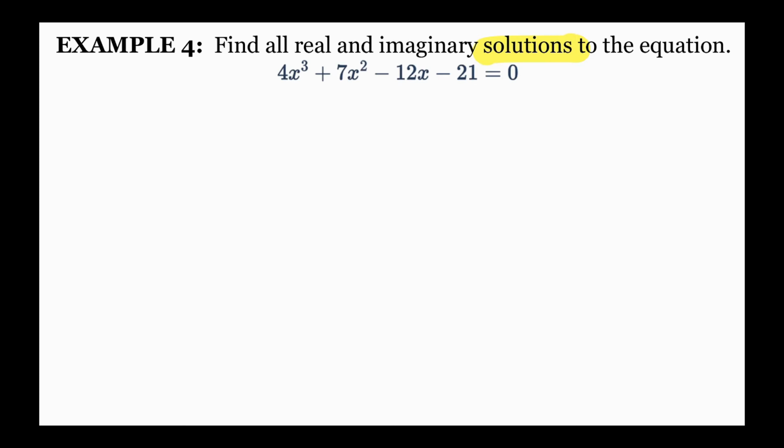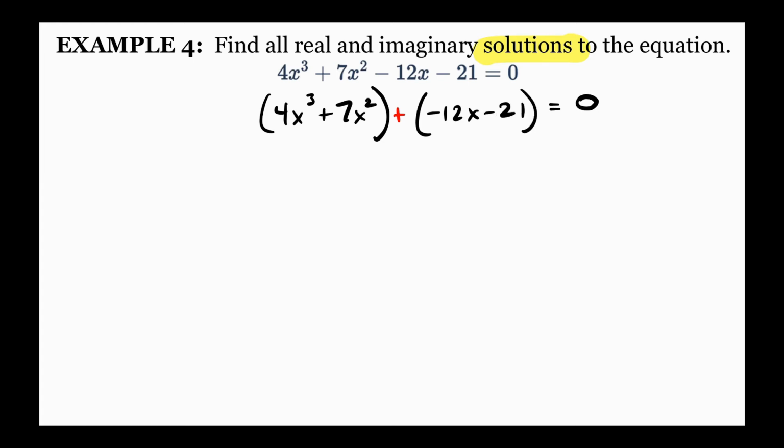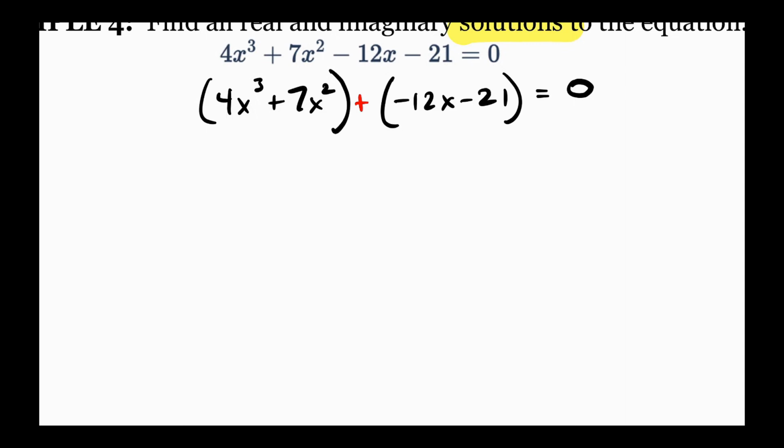Okay, so is there an overall big GCF? No. So next step, 2 small groups. GCF from the first group, and then GCF from the second group.